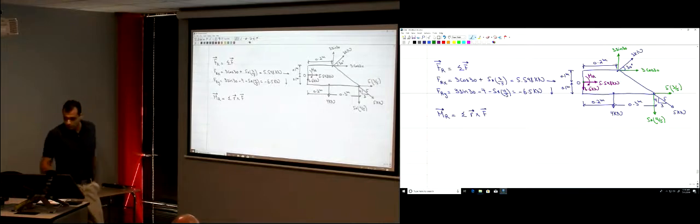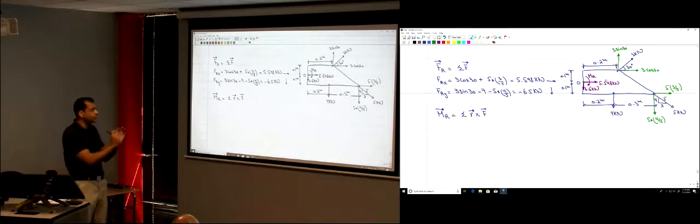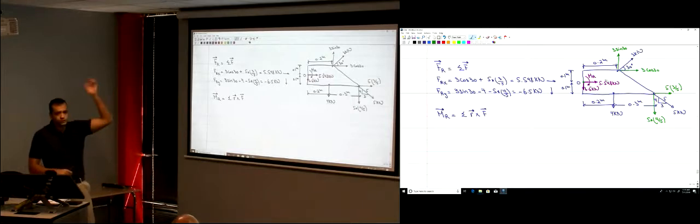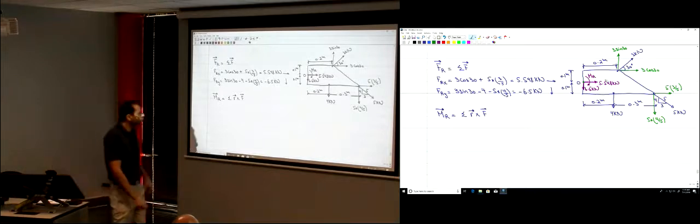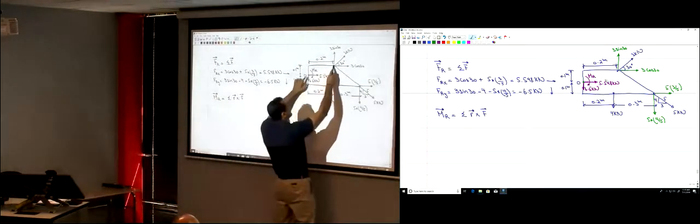For the 3 kilonewton, I need to multiply this 3 kilonewton by its distance to point O. That's tough, because I need an inclined distance. Or I can use the moment of its components. So let's find the moment of the components of the 3 kilonewton about point O. Let's start with this component, 3 sine 30.